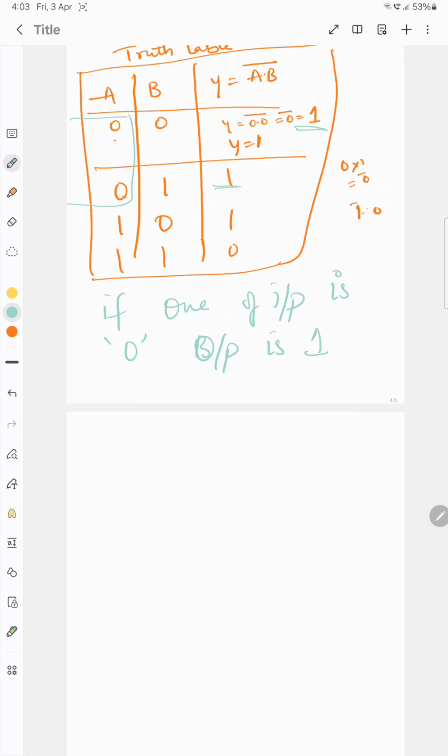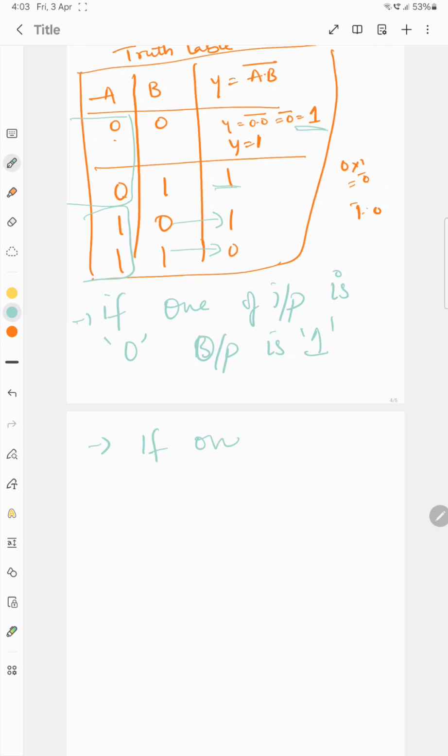No matter whatever the B may be, the output will be 1 if an input is 0 in NAND gate. And the next statement is, if one of the inputs is 1, the output will be the complement of the second input.